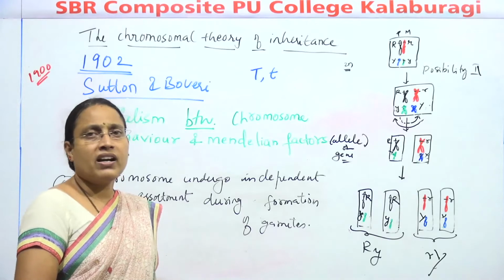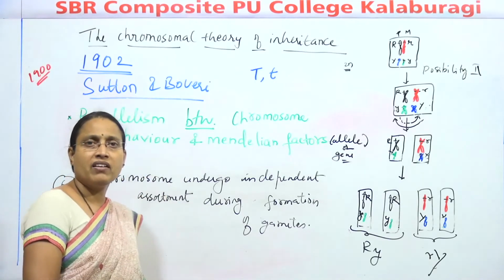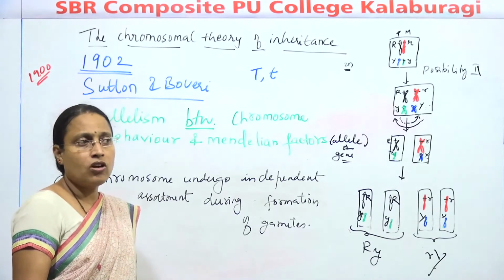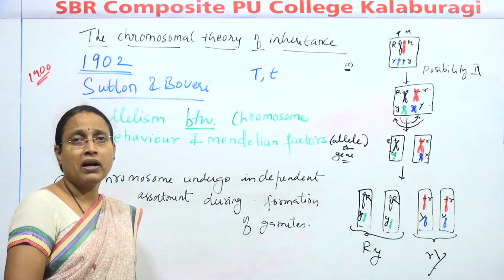By the fundamental point which I told you to remember, factors or alleles are present on chromosomes. If chromosomes independently assort, it is obvious that even the alleles or Mendelian factors will undergo independent assortment.